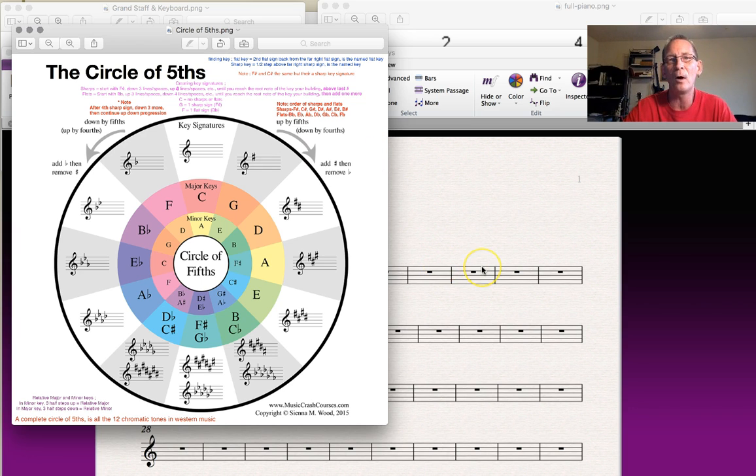On the next following F, it's good practice to put another sharp sign in front of it to let whoever's reading it know that you don't want that natural again, that you're going back to the key signature. Most of the time they'll say if it goes to the next measure, it automatically goes back to whatever key you're working in, so it automatically goes back to that F being sharp.